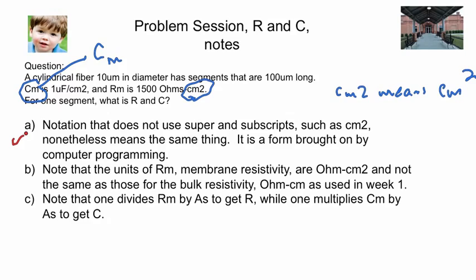We used bulk resistivity in week 1, and the units we used there were ohm centimeters. So the units are different, and the process one goes through to do the conversion is different. But then again, the structure is different. Bulk resistivity exists in 3 dimensions, whereas a membrane is, from the viewpoint of resistance, essentially a flat, thin, 2-dimensional structure.